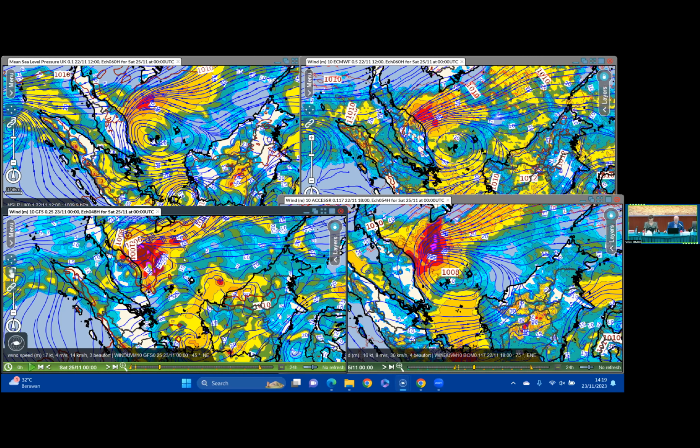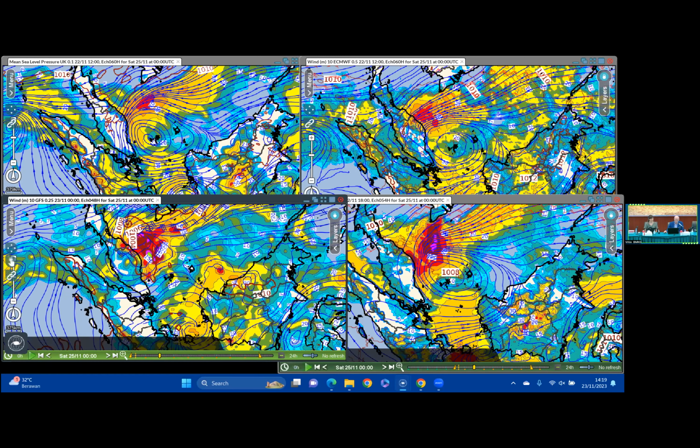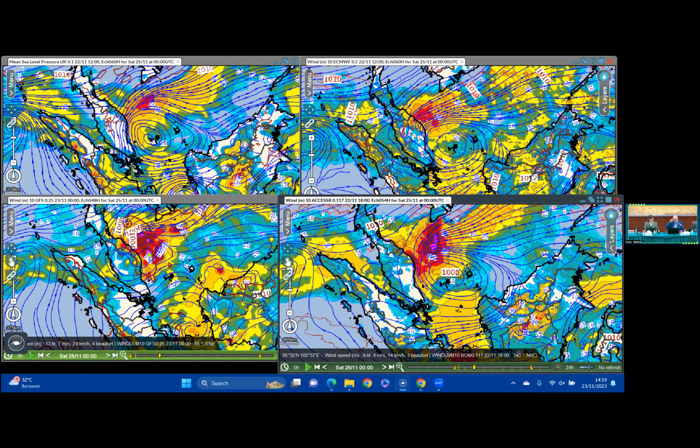So the game is to find: is there a significant difference? Do the models agree? Is there an agreement of the models? So that's about deterministic models. Another solution would be to use an ensemble model like the European ensemble, the American ensemble or the UK ensemble.